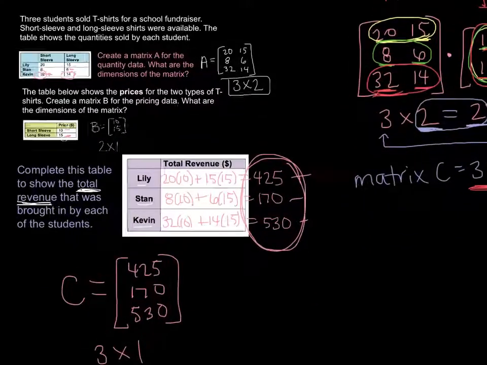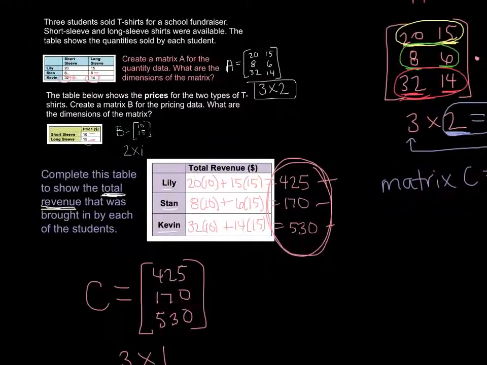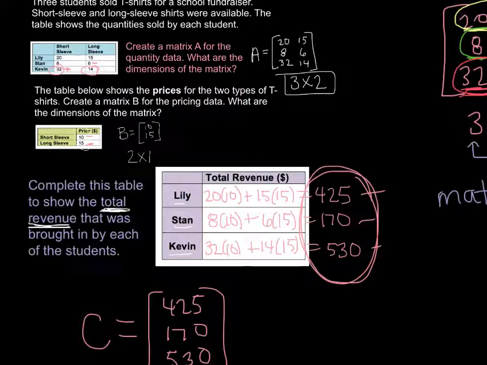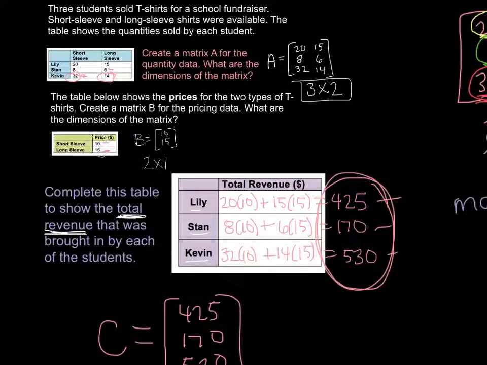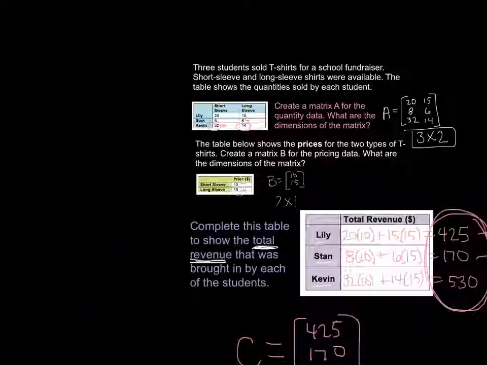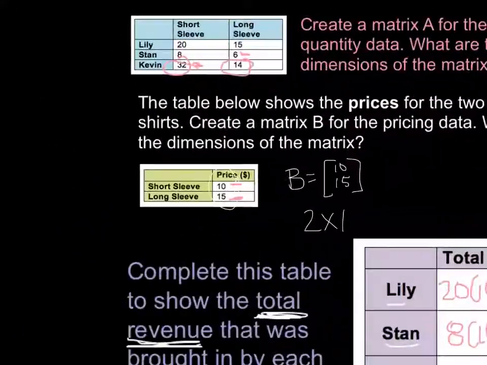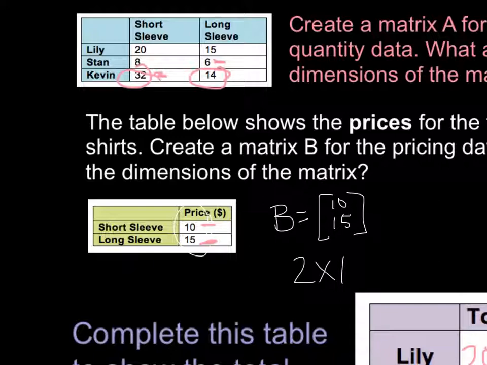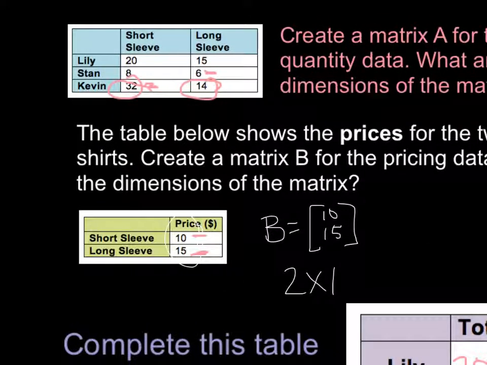Here's a real world example of how we can actually use it. If we were given short sleeve and long sleeve data, we know that we have to multiply, like if we zoom in here, sorry, technical difficulties. We have to find the total revenue, so we have to multiply this column right here, this 10 and 15, by both numbers.